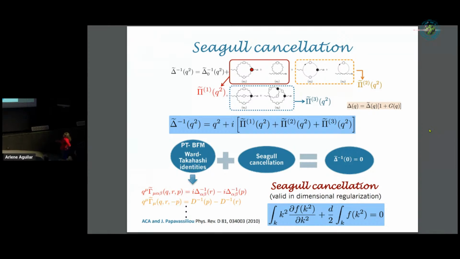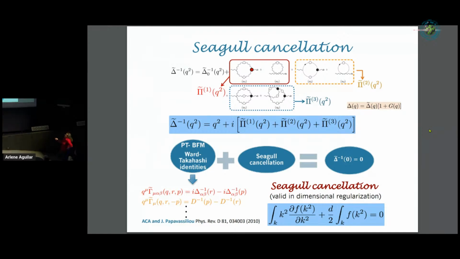So here in this block, I have the Ward identity for this vertex here in red. When I sum the Ward identity that this vertex satisfies plus the Seagull identity, the inverse of the gluon propagator at 0 is 0. So no way of getting a mass.